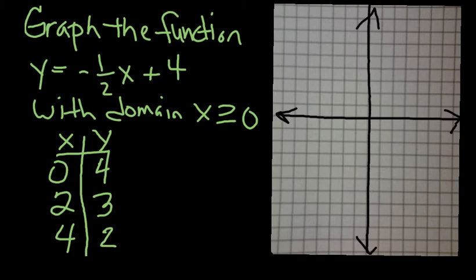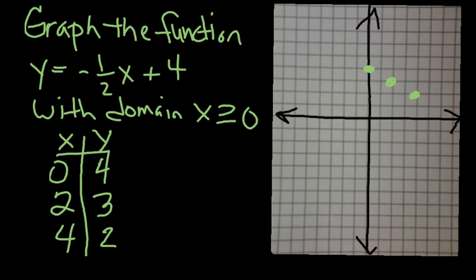Now I'm going to graph these points. So the first one is 0, 4. The second one is 2, 3. The third one is 4, 2. Now, when I draw my line, since I can't have any negatives in my domain, there's nothing over here.